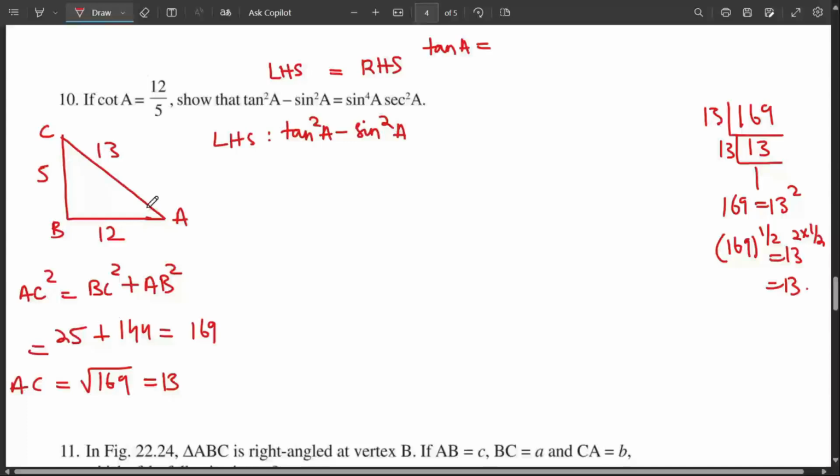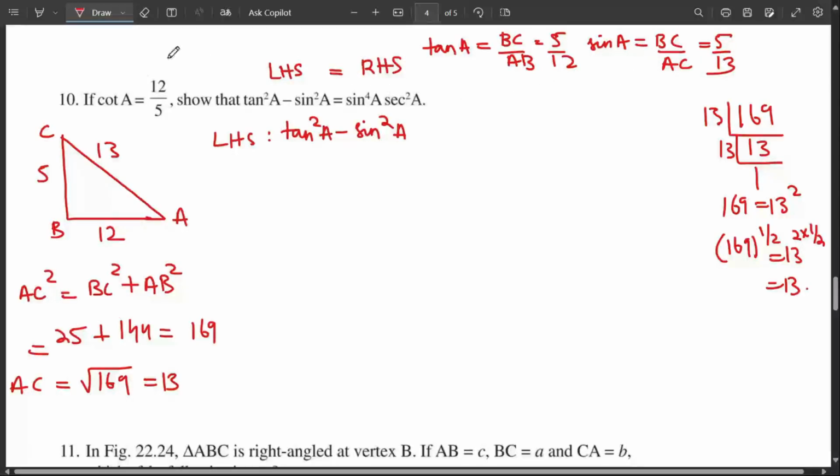From the figure, tan A is nothing but BC by AB, which is equal to 5 by 12. Sin A is equal to opposite side BC divided by the hypotenuse AC. So 5 by 13.